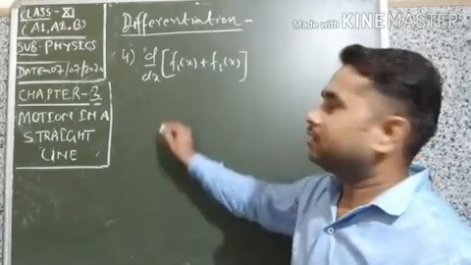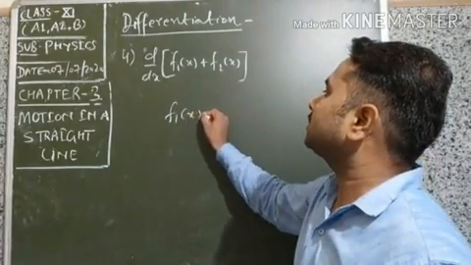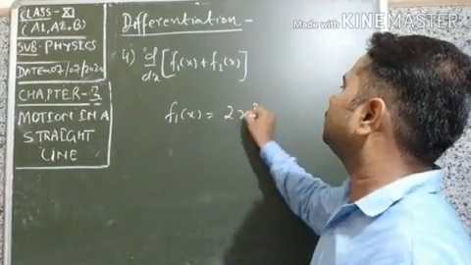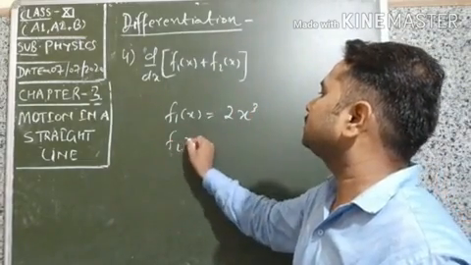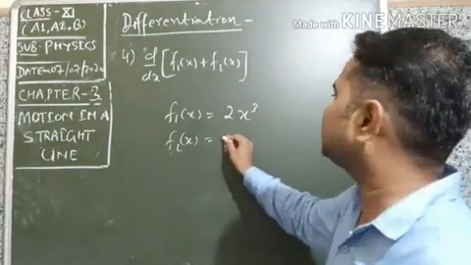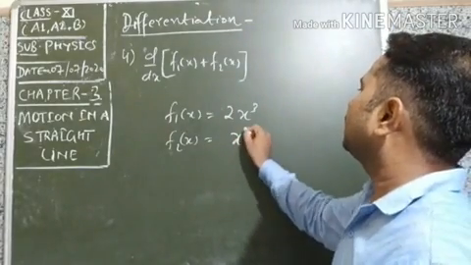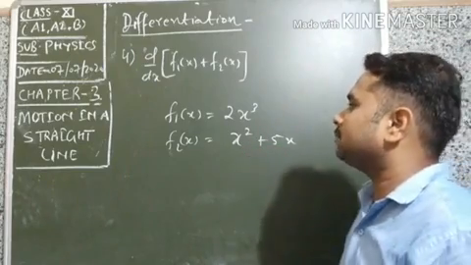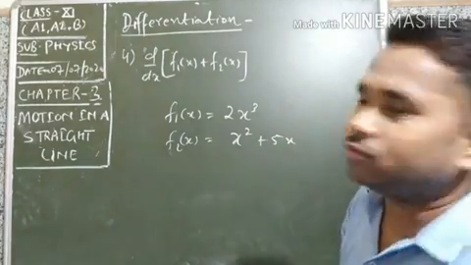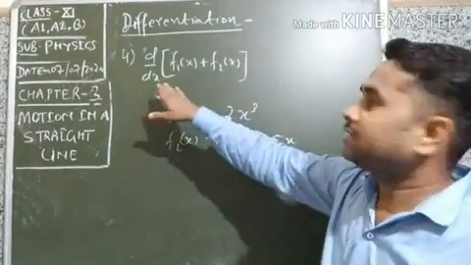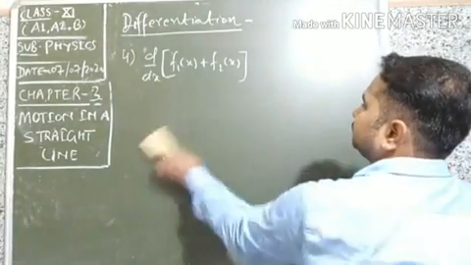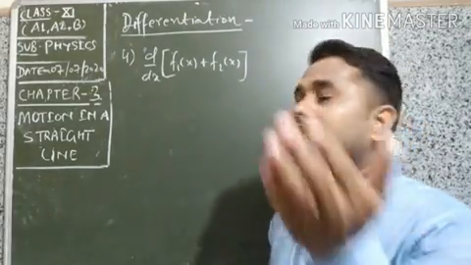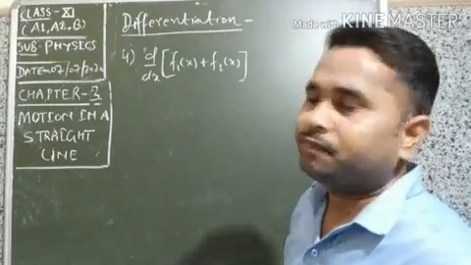For example, f1(x) equals any function of x, say 2x cube, and f2(x), the second function of x, suppose x square plus 5x. For functions like f1(x) and f2(x), when we differentiate the sum of these two, the differentiation will apply on both functions separately.